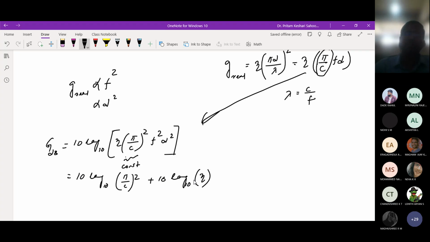Again, eta is a constant, the efficiency of the antenna, so for a particular antenna this value will be given. Plus 10 log base 10 of f square, plus 10 log base 10 of d square.